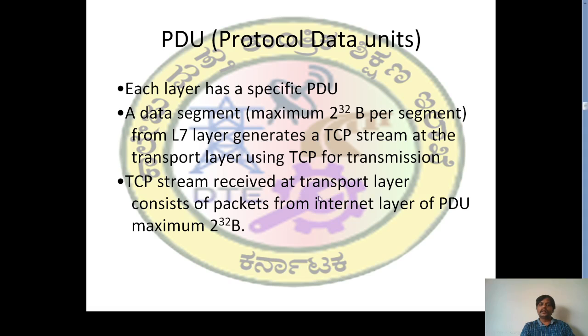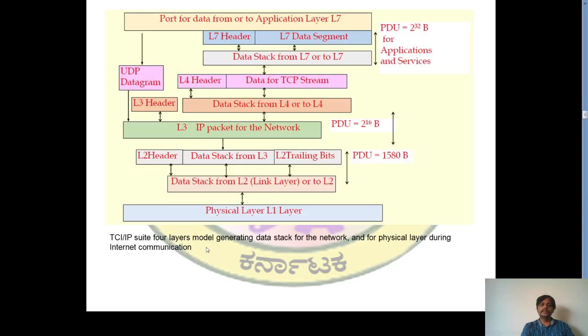The TCP stream received at the transport layer consists of packets from the internet layer of PDU, a maximum of 2 power 32 bytes. This is the TCP/IP suite, a 4 layers model generating a data stack for the network and physical layer during internet communication. Physical layer, that we can call the L1 layer, and data link layer L2.